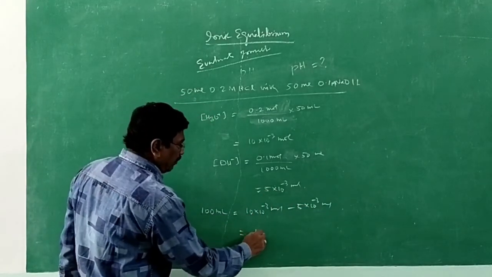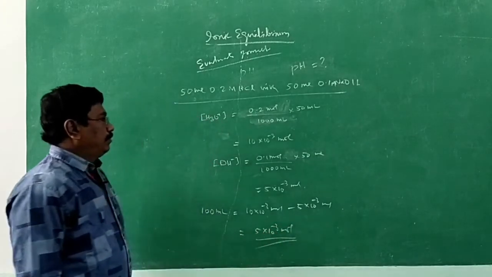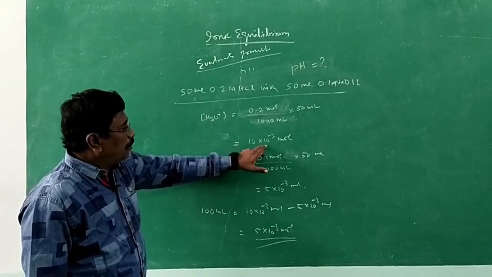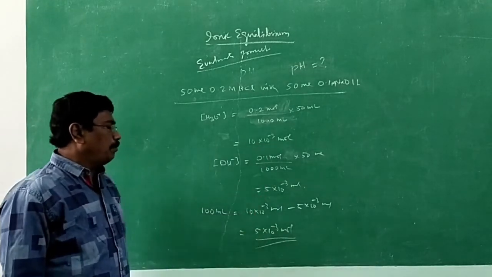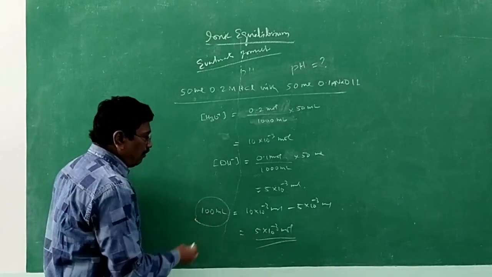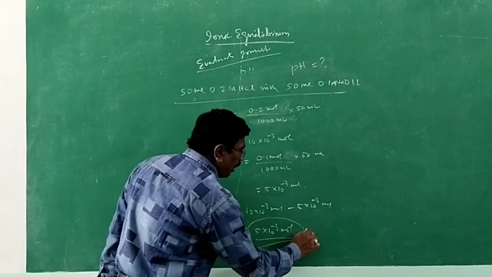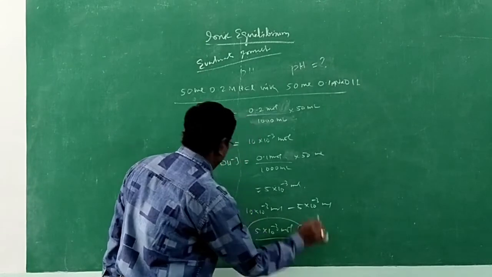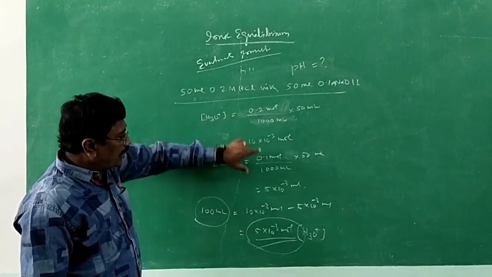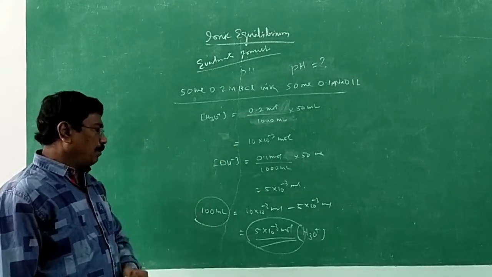That's what we are calculating, which is 5 into 10 power minus 3 mole in 100 ml. 100 ml of the mixture will have 5 into 10 power minus 3 mole of hydronium ion because it is excess. Hydronium ion is in excess over hydroxide ion. That is the meaning. It is present in 100 ml.